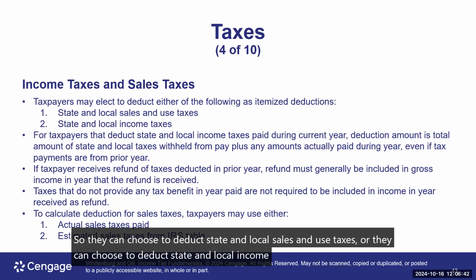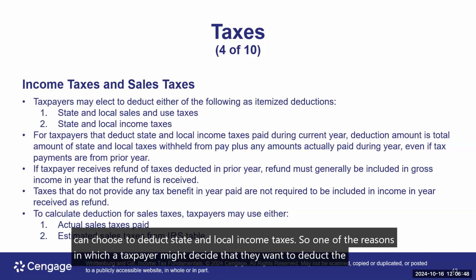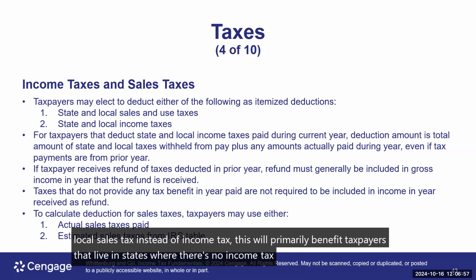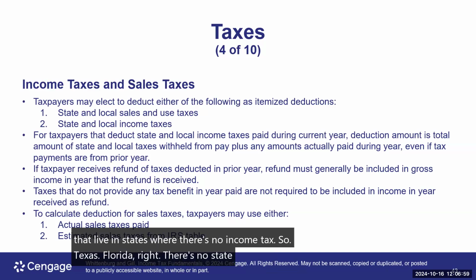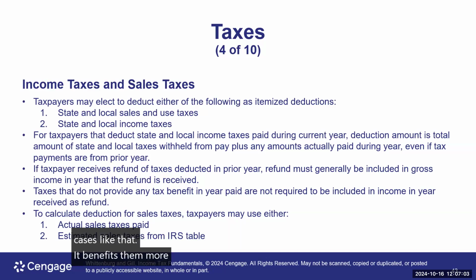One of the reasons a taxpayer might decide to deduct state and local sales tax instead of income tax is that this will primarily benefit taxpayers that live in states where there's no income tax, like Texas and Florida, right? There's no state and local income tax. So in cases like that, it benefits them more to claim the state and local sales and use taxes.